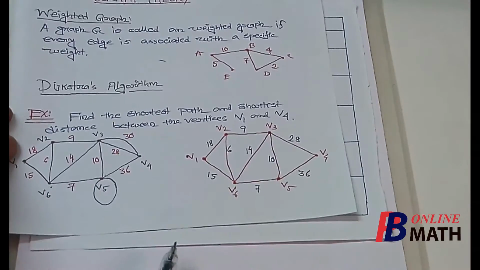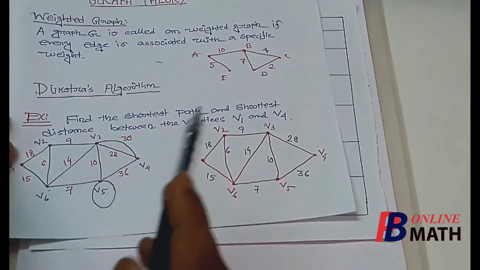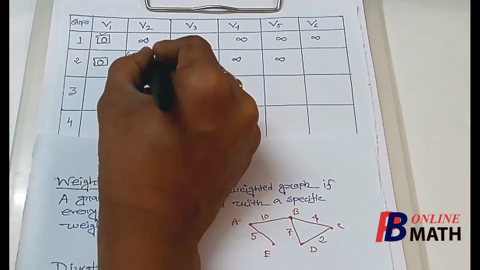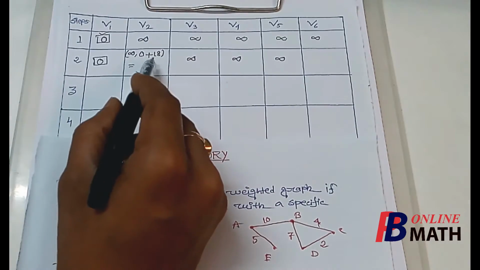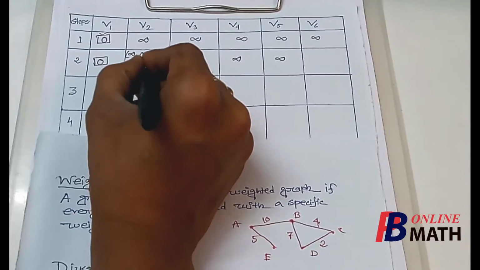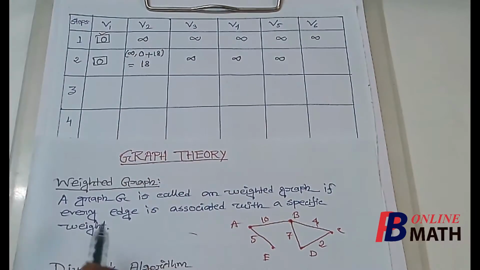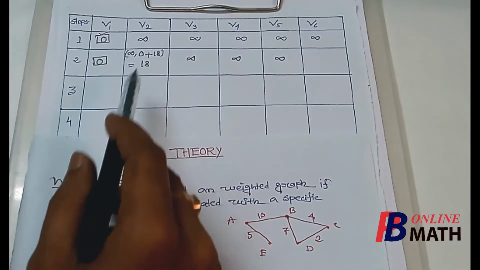From the graph we find that the distance between v1 and v2 is 18, so this is 0 plus 18, and we have to find the minimum of these two values, infinity and 18. Obviously 18 is the minimum. So this is the temporary level of this vertex v2.